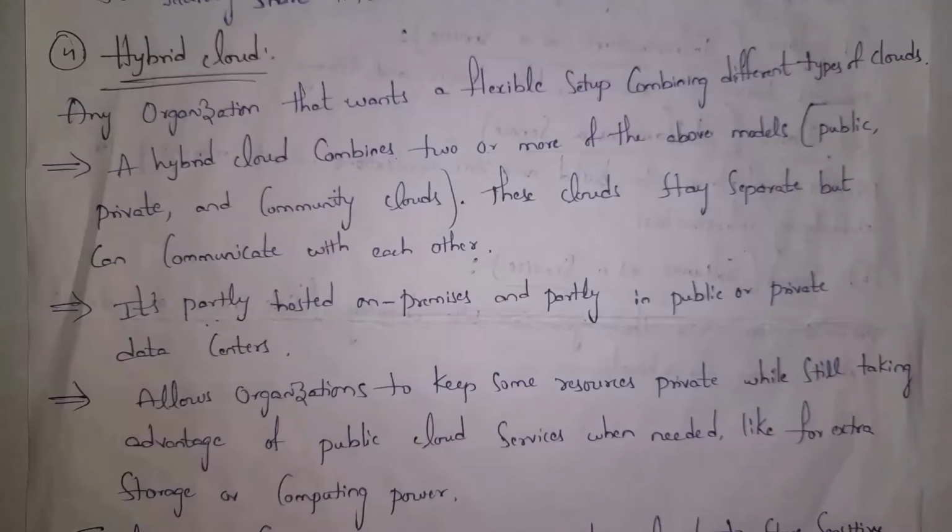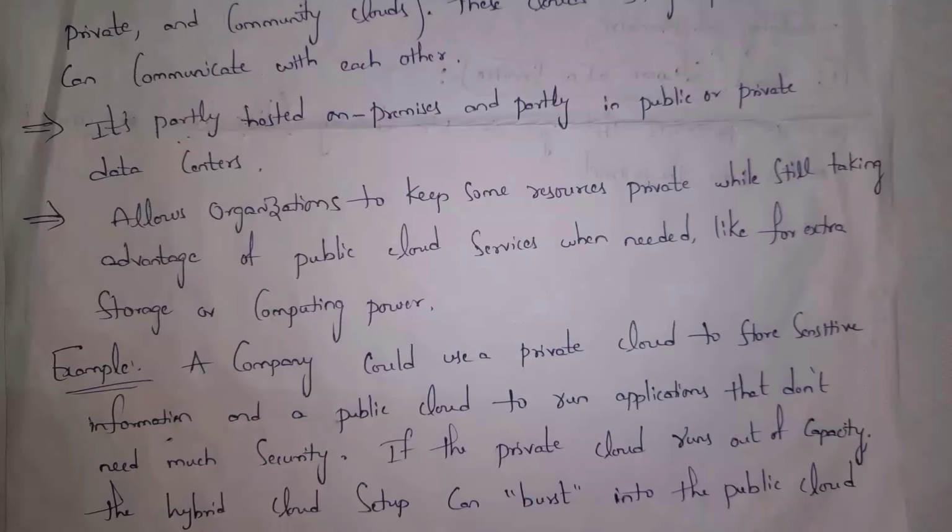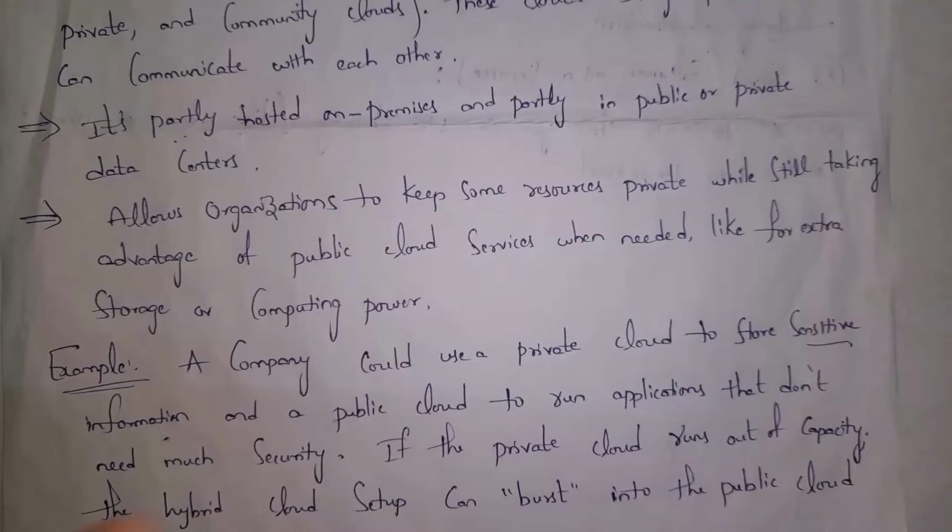It is partially hosted on-premises and partially in public or private data centers. For example, I will do private cloud setup in my company and we will use some public servers. If there is any sensitive data, then we will store it in private cloud. And if there is any normal data, we will store it in public cloud. So based on requirement, we can store data in either public cloud or private cloud.